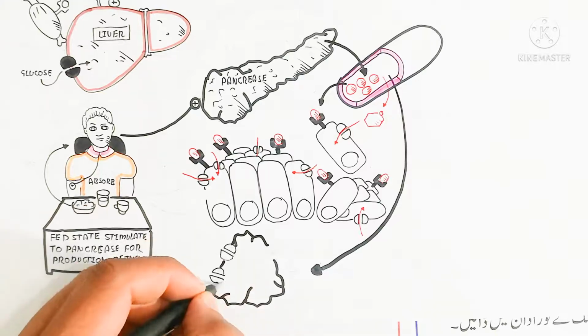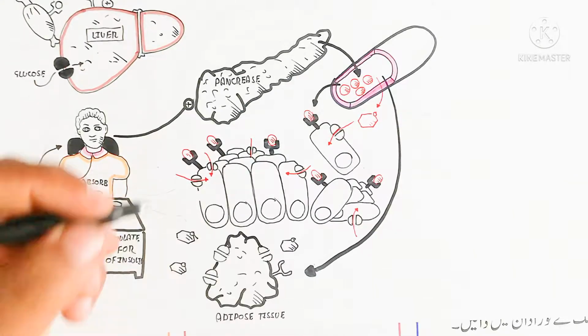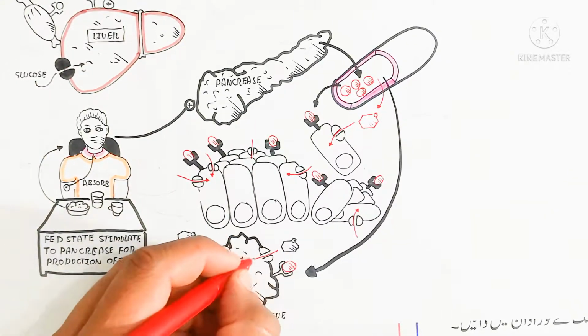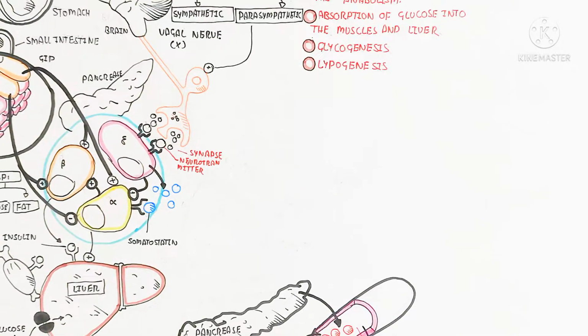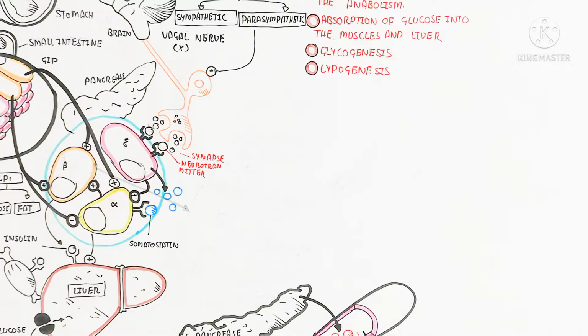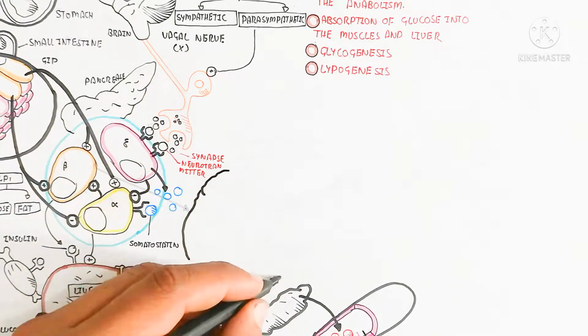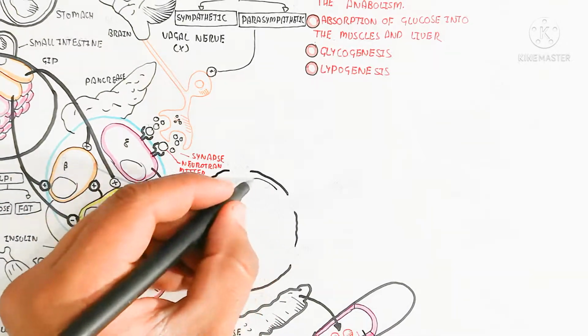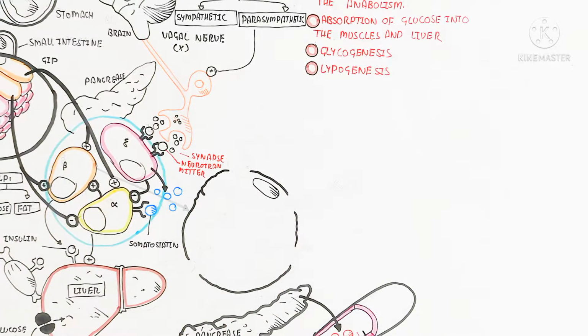Here is the adipose tissue. This adipose tissue contains channels. The GLUT4 transporter channel will open through insulin binding with the insulin receptor, letting glucose enter for lipogenesis.